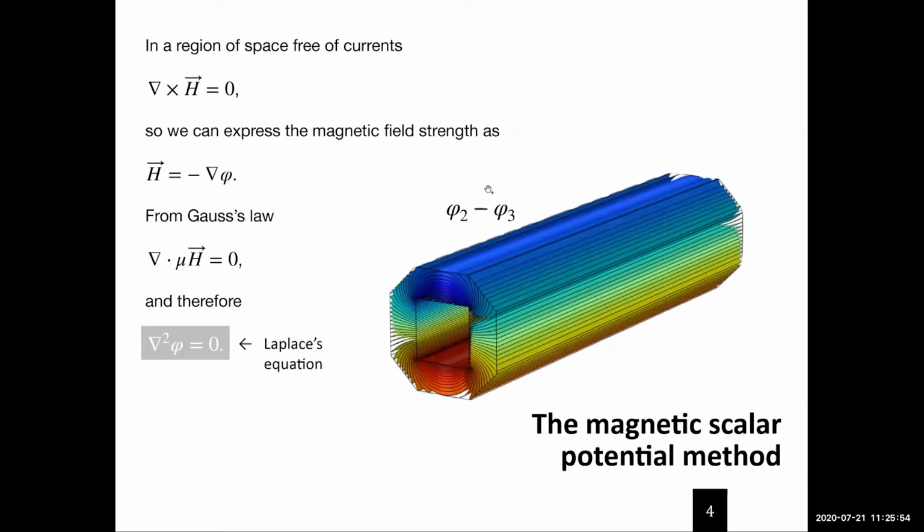If we solve this and consolidate the two windings, the one required to produce the return flux and the one required to produce the inner magnetic field, we end up with this. This is showing the surfaces of equal magnetic scalar potential. As Chris mentioned, what we care about are the contours that form at the intersections of the geometry and these surfaces.